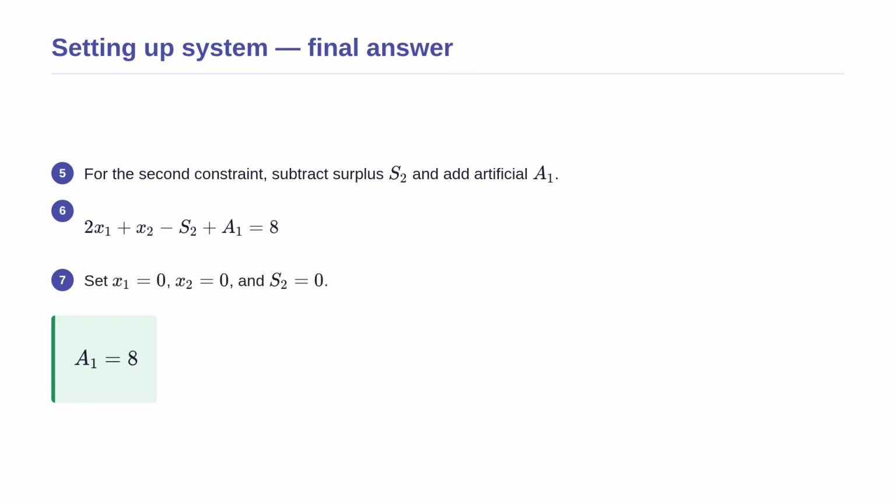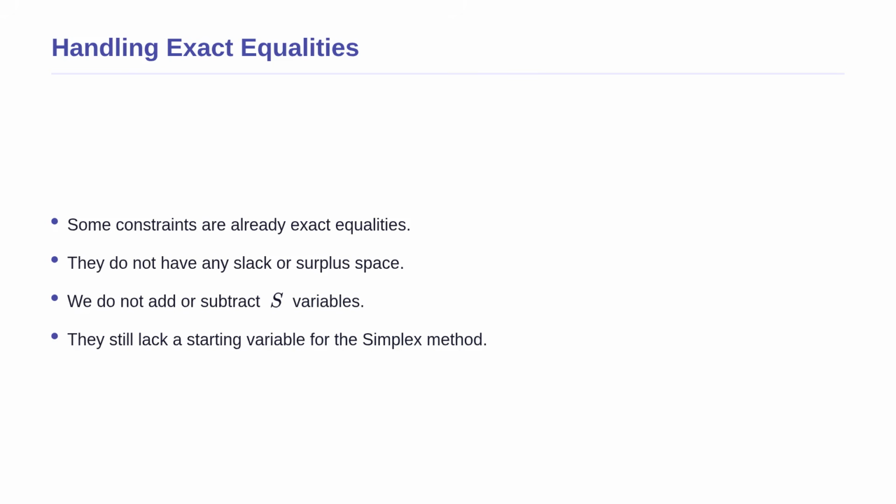Now, if x1, x2 and s2 are all 0, a1 equals 8. We now have our starting variables for the whole system: s1 equals 5 for the first row and a1 equals 8 for the second row. The problem is ready. We have seen how to handle inequalities, but this brings us to another scenario, exact equalities.